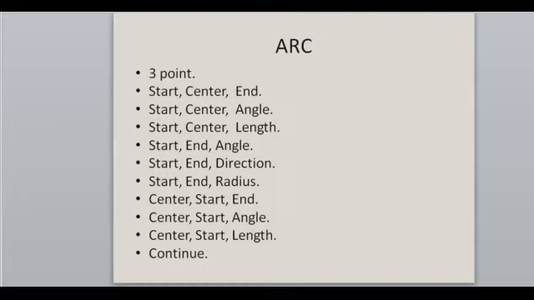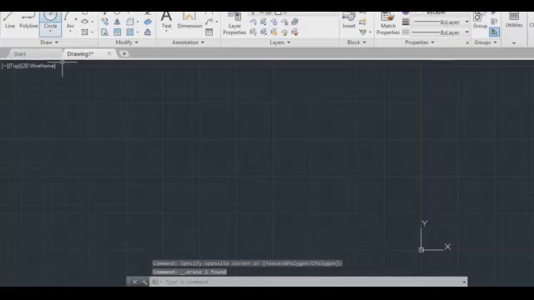In the center group we have start, center, the same three we have; start, end we have three; and center, start we have three. Varying parameters are end, angle, length and direction. These are the different types of arc present in AutoCAD.